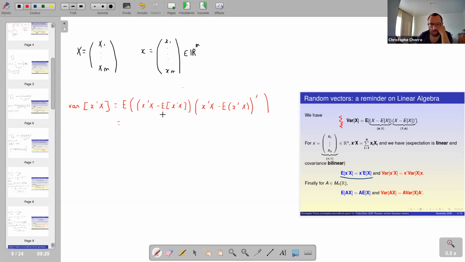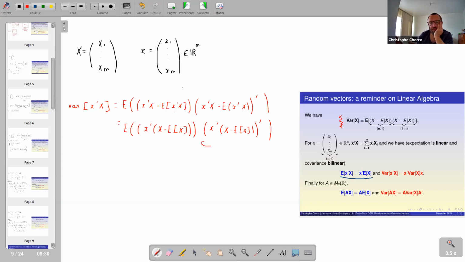So what can I do here? First I know that this one is equal to this one. So I can factorize here by x prime, and the same, transpose.